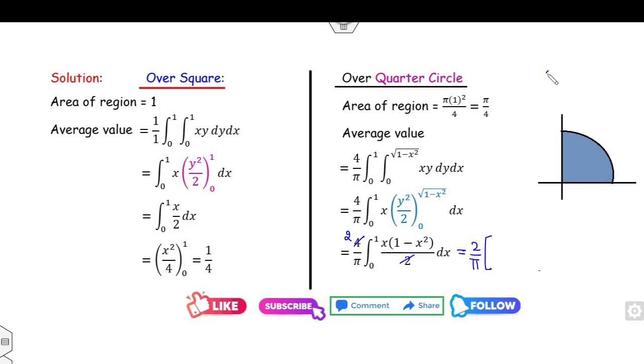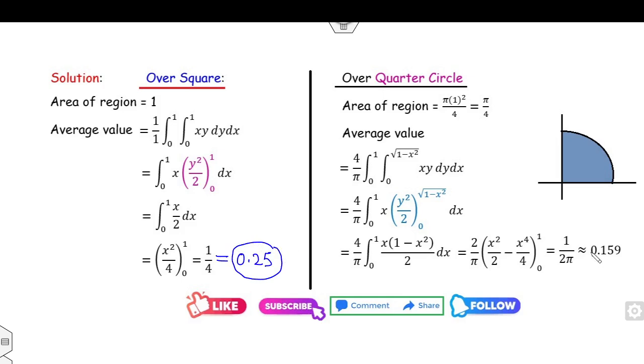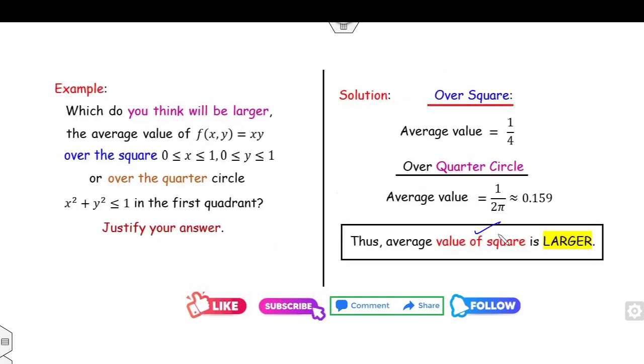Then this is x minus x cube. What is the integration of this? X square over 2 and x to the 4 over 4 from 0 to 1. Now you can substitute the limits and you will get the answer as 1 over 2 pi, which is approximately 0.159, while this number is 0.25. Now clearly 0.25 is larger than that of the circle, therefore the average value over the square is larger.